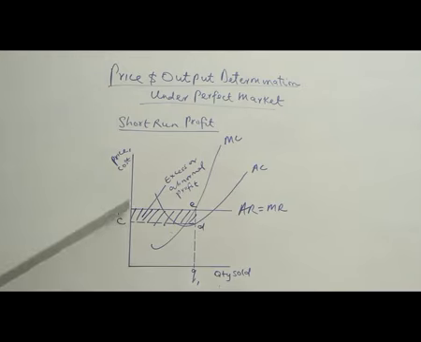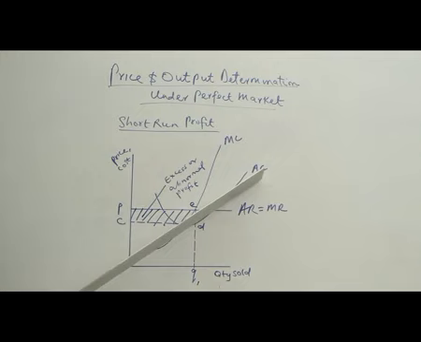So that's why we have price equals average revenue equals marginal revenue, which led to the horizontal curve that we have here. Now, we introduce the cost concepts, marginal cost and average cost, into our analysis. The U shape that we see here refers to the average total cost of the firm.